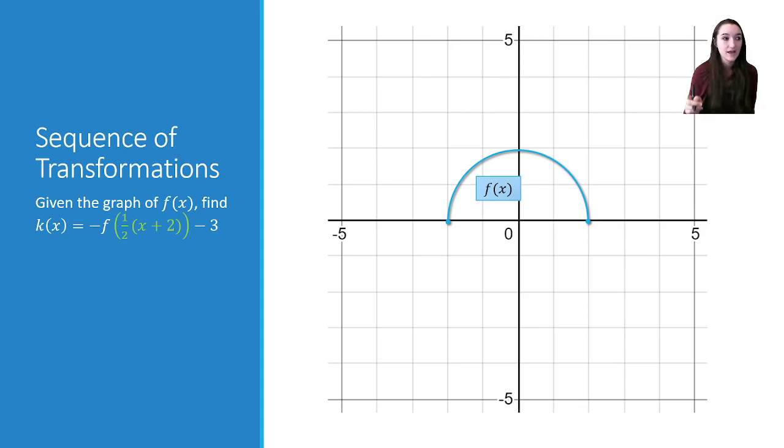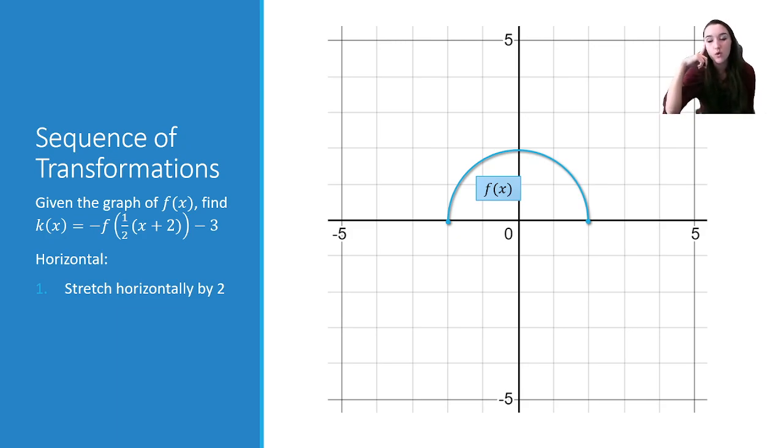Now I will start by doing my horizontal transformation of a horizontal stretch by 2. Remember, it is 1/2, and so it's 1 over b, so 1 over 1/2, which is 2. So I'm doing a horizontal stretch by a factor of 2.